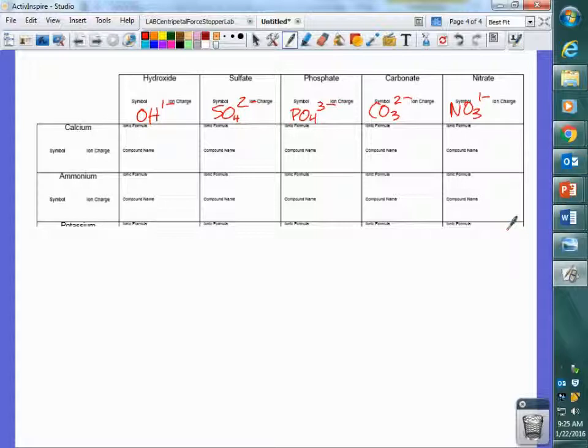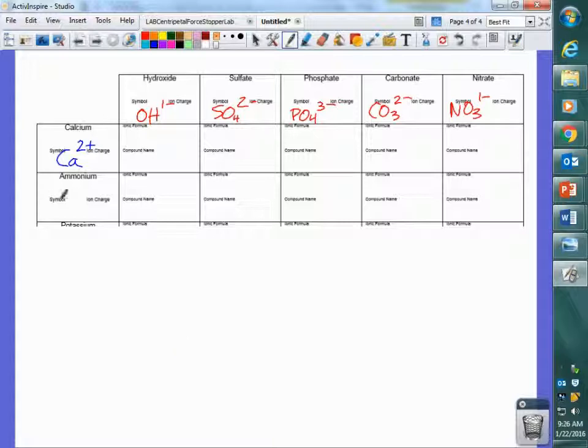Left-hand side, these are your cations. Calcium, I hope you know calcium by now, right? Calcium's what? Ca. And based on its position on the periodic table, what is its ionic charge going to be? 2+, right? It's going to lose 2 electrons. All right. The next one down, ammonium. There's a couple, but there's only really one polyatomic cation, and it's ammonium.